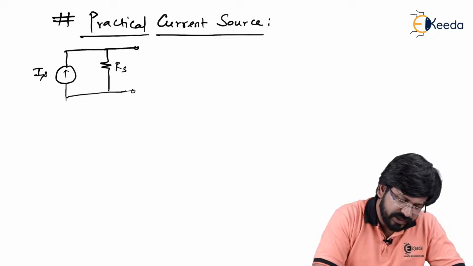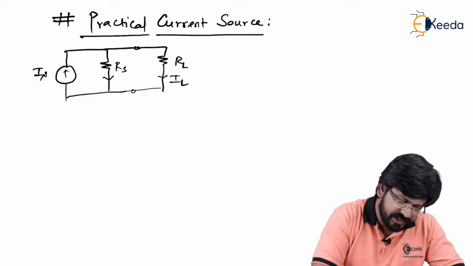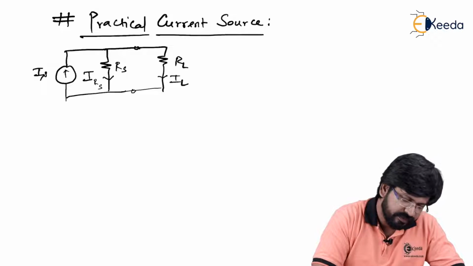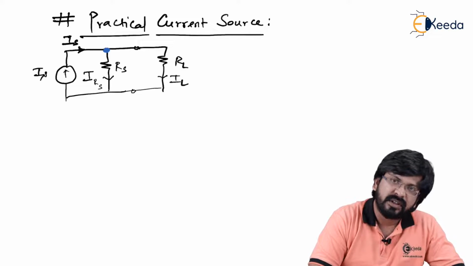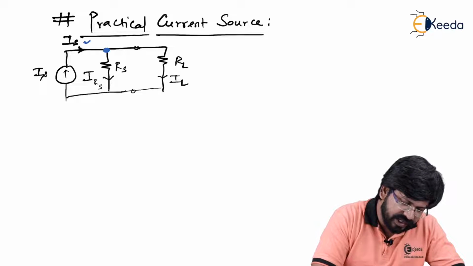Let's say a load resistor RL is applied, through which another current called IL goes, and the current through RS will be IRS like this. You can see there is a node formation here. So by KCL I can say that your IS is getting divided into two currents, IRS and IL.